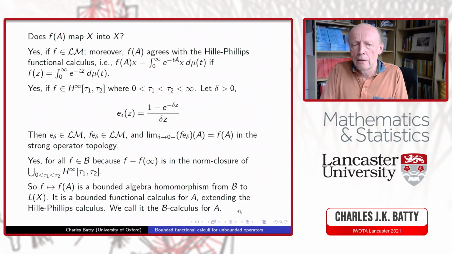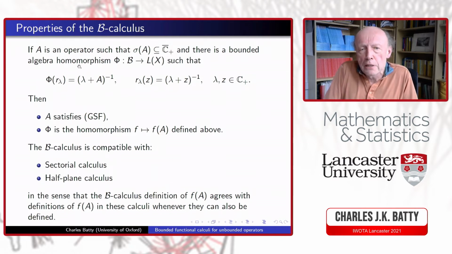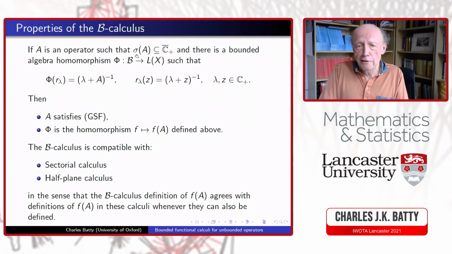Some properties. Well, first of all, there's an inverse property. Suppose you have an operator whose spectrum is in the closed right half plane, and you happen to know there's a bounded algebra homomorphism from B to L of X doing the right thing to the resolvents.